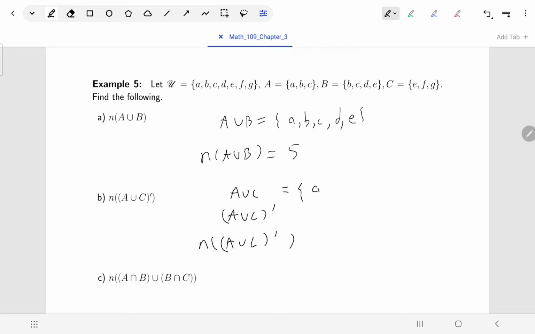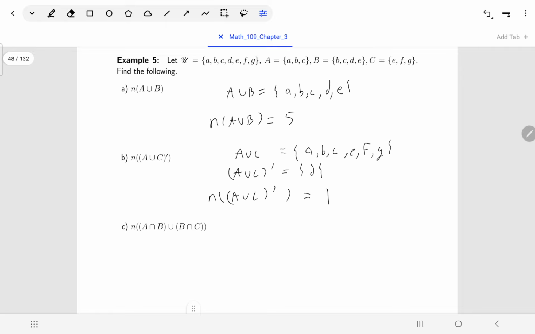A has an A, B, and a C in it, and C has an E, F, and a G in it. So that's almost the entire universe. The only one that's not there is letter D. So D would be the one thing inside of A union C complement, and that means the number of things inside of A union C complement is 1.